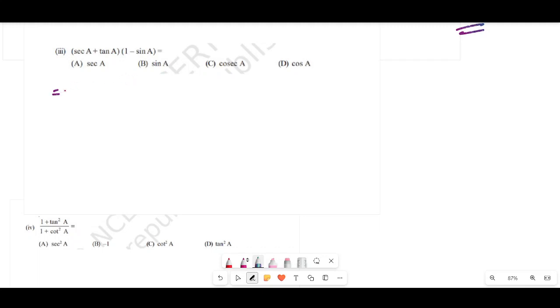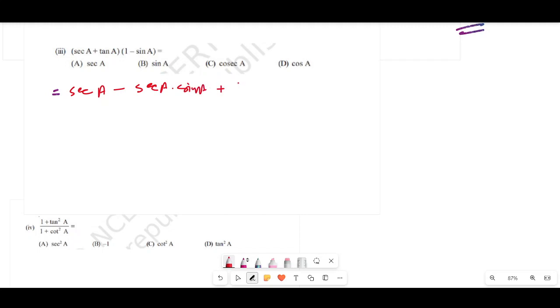Now here sec A, if you multiply directly, don't worry, first we should simplify this. If we don't simplify, then again we can calculate it. Now sec A, we will not simplify this. Sec A minus sec A into sin A. Clear?